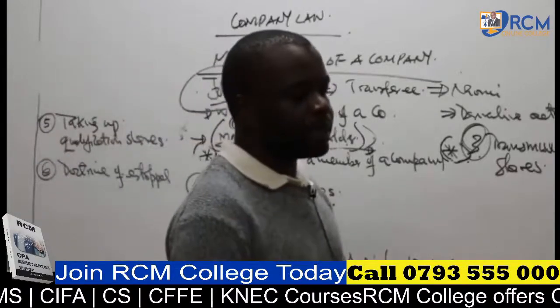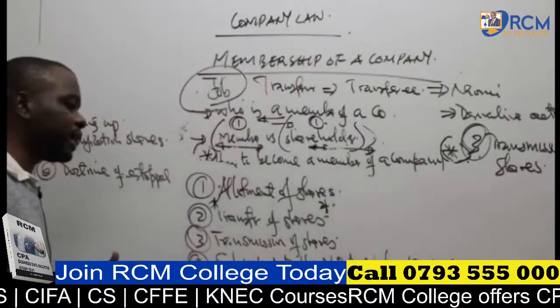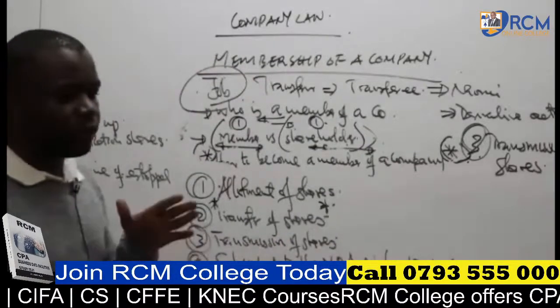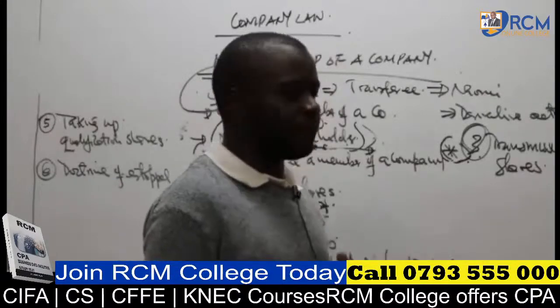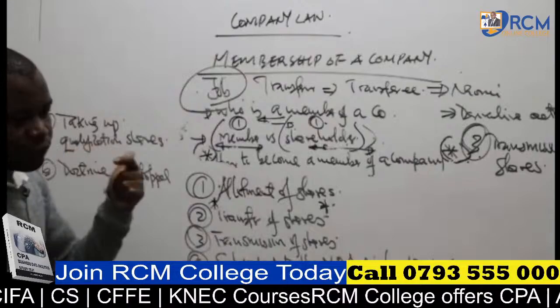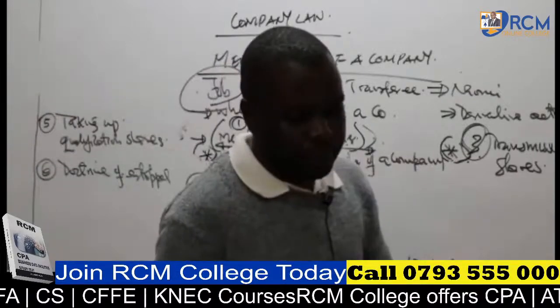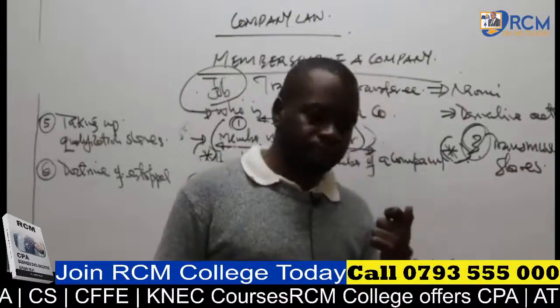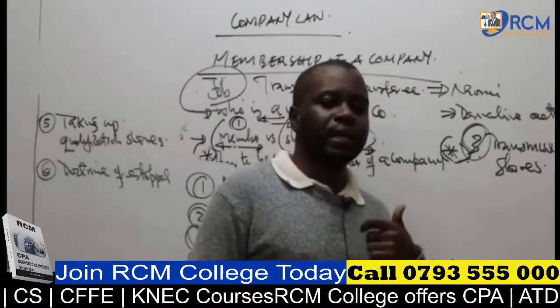So those are the major ways in which you can become a member of the company. To recap the doctrine of estoppel: if your name appears by mistake in the register of members of the company, you cannot deny the actions you undertook while your name was appearing by mistake.